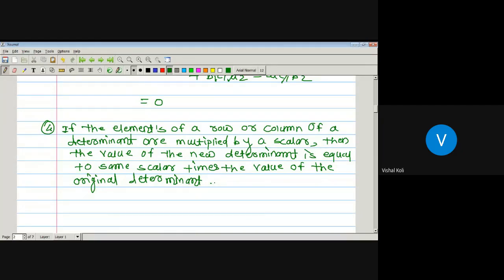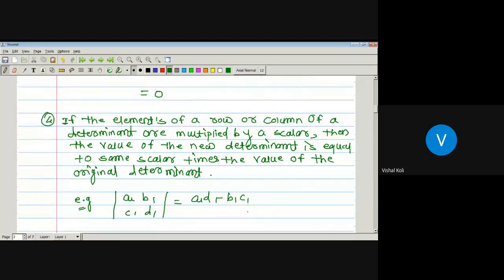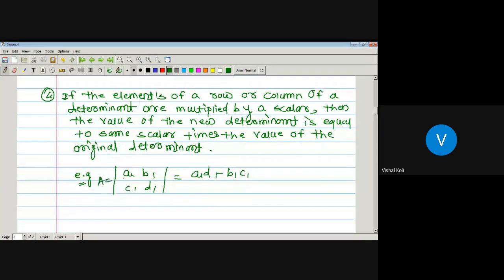For example, suppose we have a determinant of order 2, equal to a1 b1 and c1 d1, so its determinant value will be a1 d1 minus b1 c1. Suppose b is a determinant in which each entry of its first row is multiplied by some k.